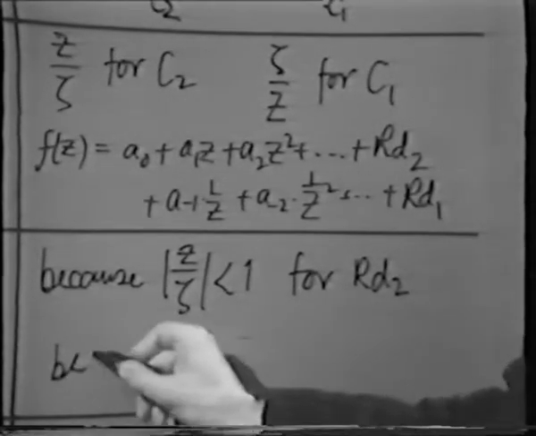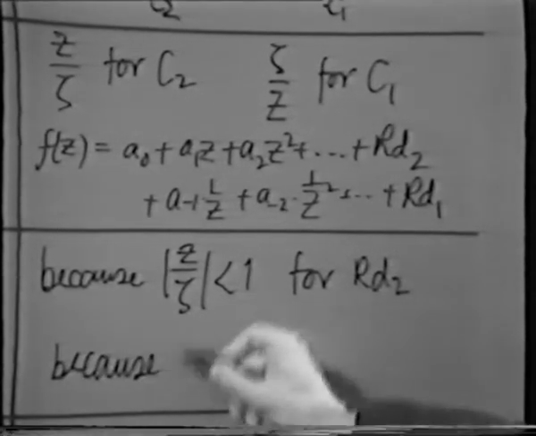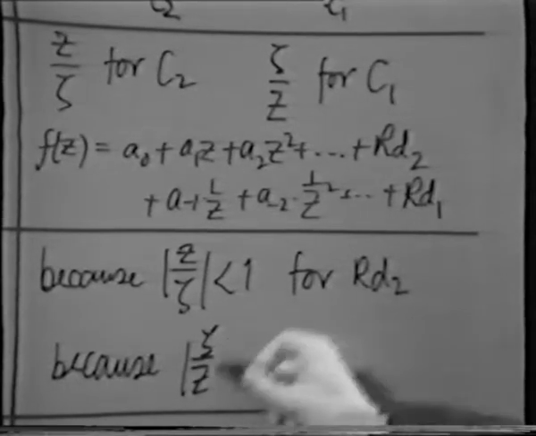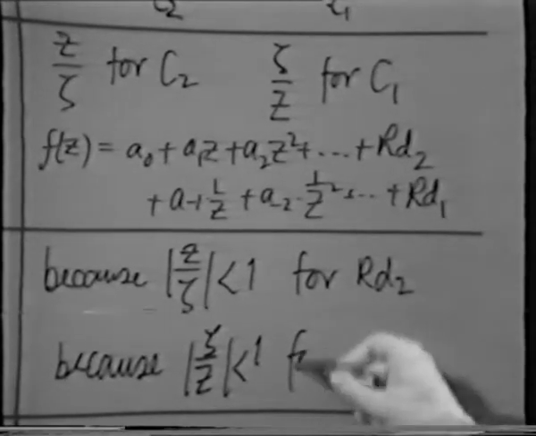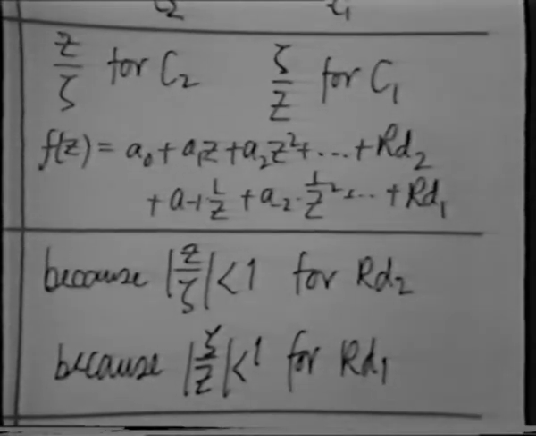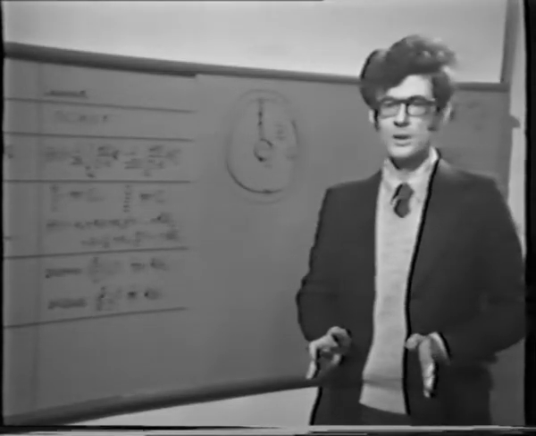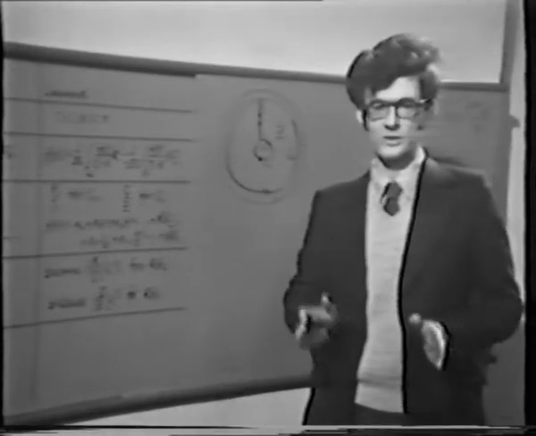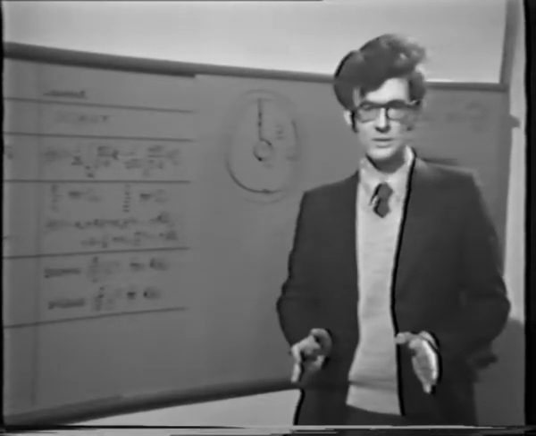The case of remainder 1 works because it's mod zeta over z that's less than 1. So there we are. The remainders tend to 0, and that establishes essentially the existence of the Laurent series.